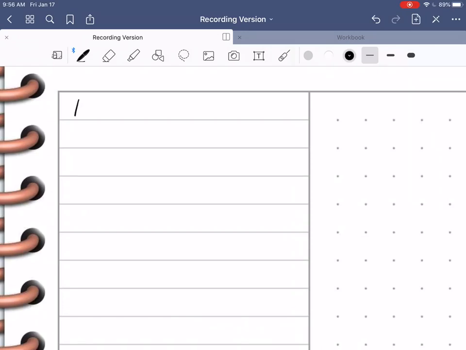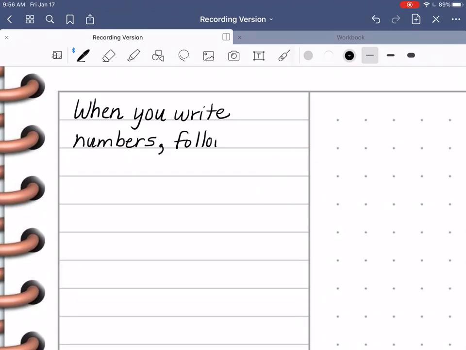Here's the first one. Remember, you can pause the video if you need to. When you write numbers, follow these rules.